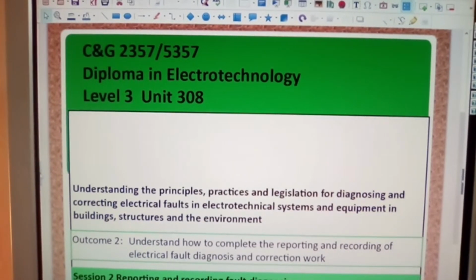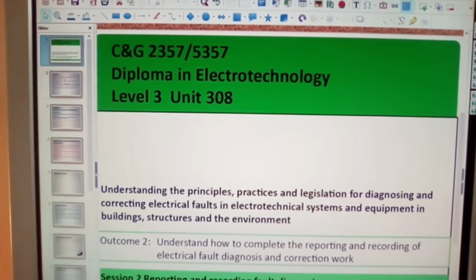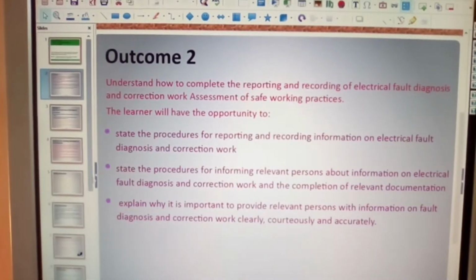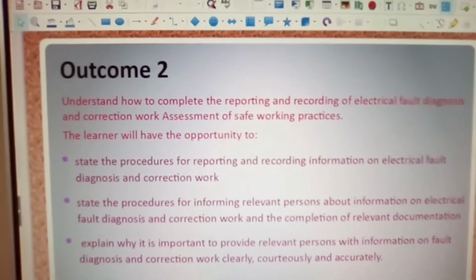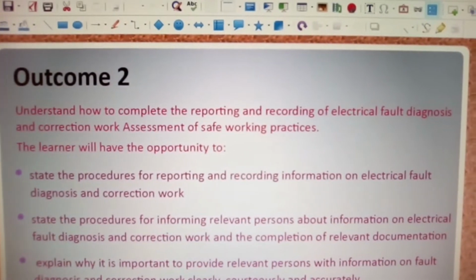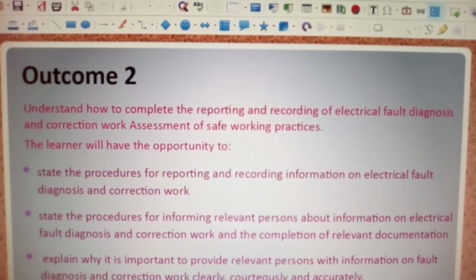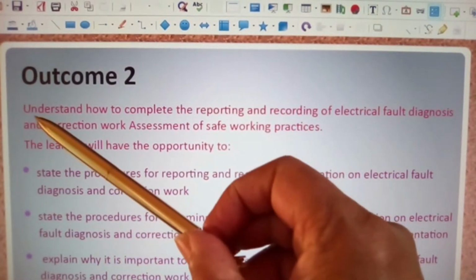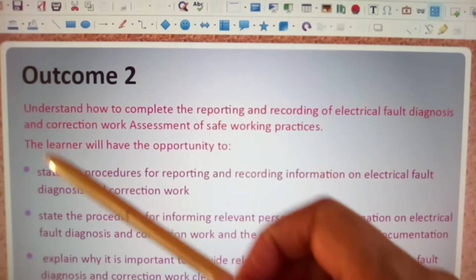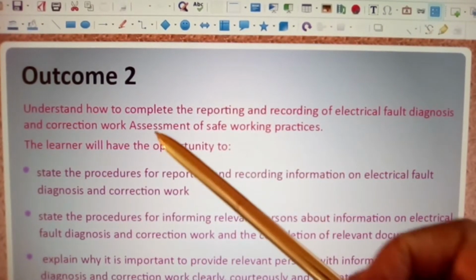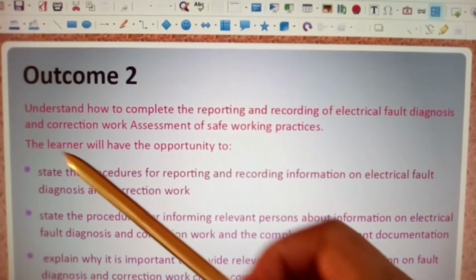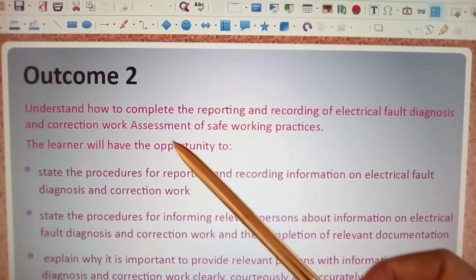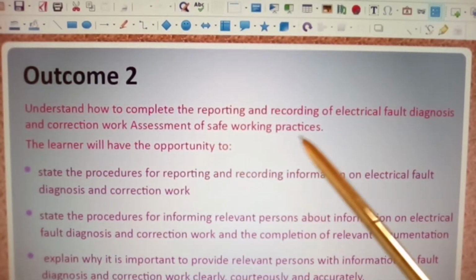Now again, I don't need to spend a lot of time here, because you have seen this already. The process is still the same, but it's important that we identify the stages in each case, and that I take the time to make sure you understand what we're looking at. You'll come to understand how to complete the reporting and recording of electrical fault diagnosis and correction work, and the assessment of safe working practices.